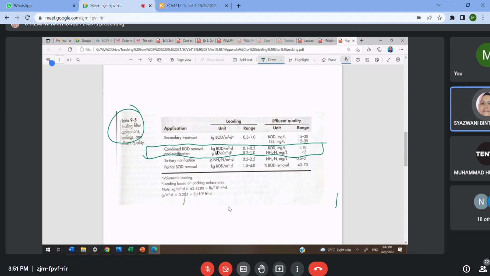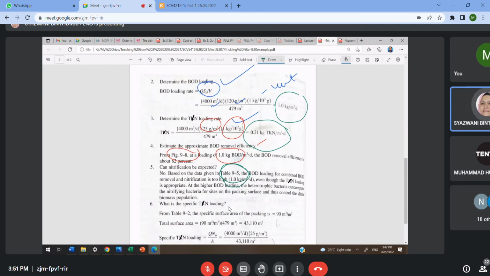In this case, I put in a green box here. You have to check whether the BOD loading that you have calculated falls within the suggested value or not, and also whether the total nitrogen loading falls within the suggested value or not. First, we check for the BOD loading.